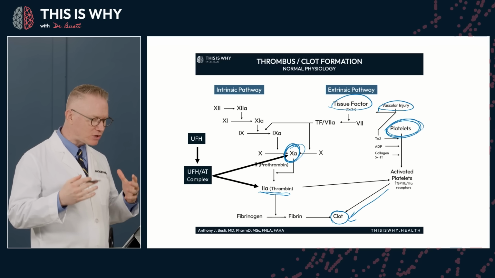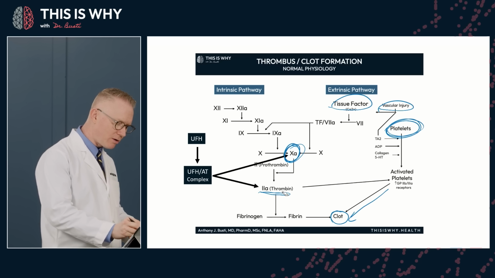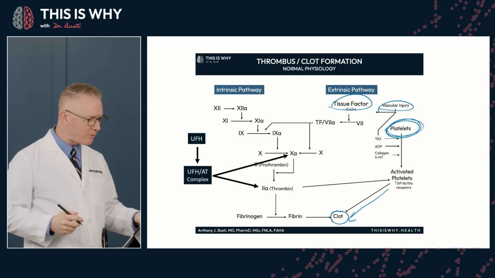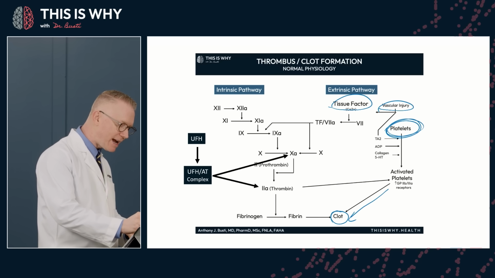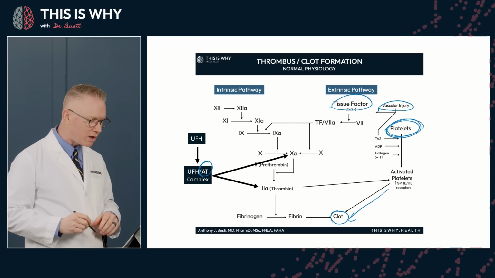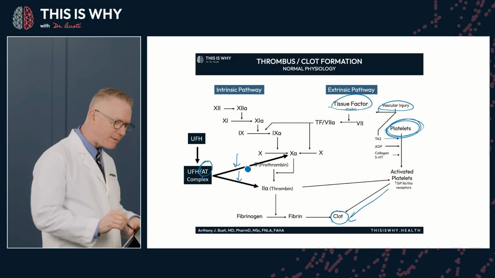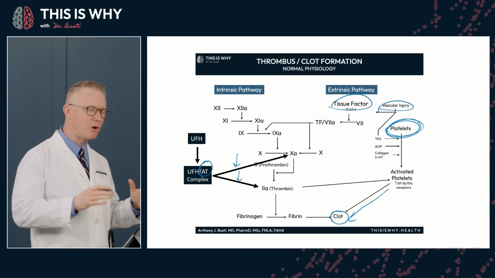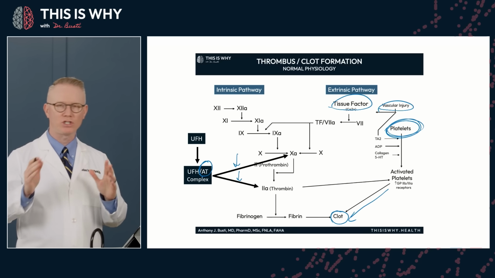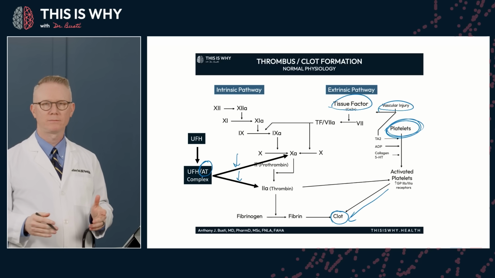So when we think about the targets of therapy here, okay, you see that unfractionated heparin requires antithrombin in order to work. But the arrows that you see here are the same thickness because the ratio of inhibition of 10A to 2A is 1 to 1.